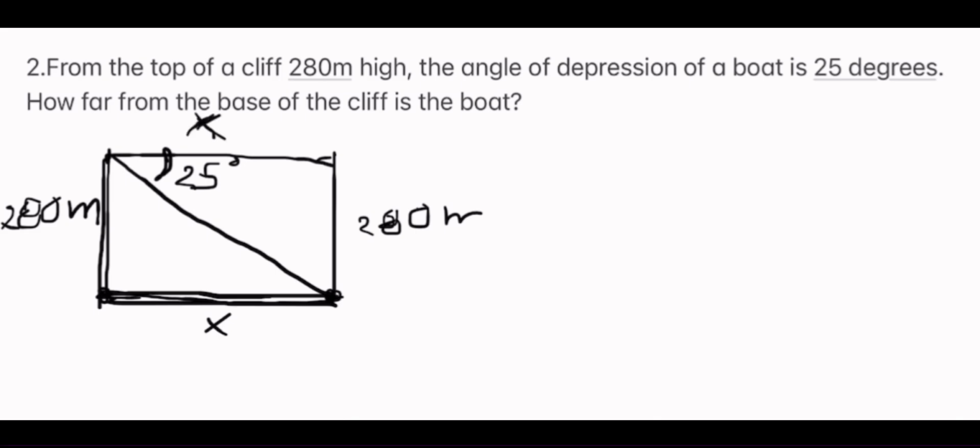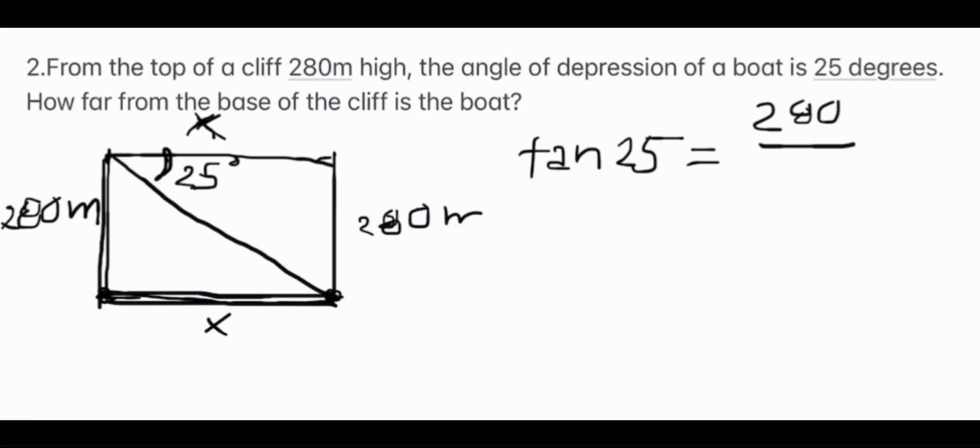And solving this, the given is the adjacent side, which is x, and the opposite side, which is 280 meters. So we have tangent of 25 equals opposite, which is 280, over the adjacent, which is x.